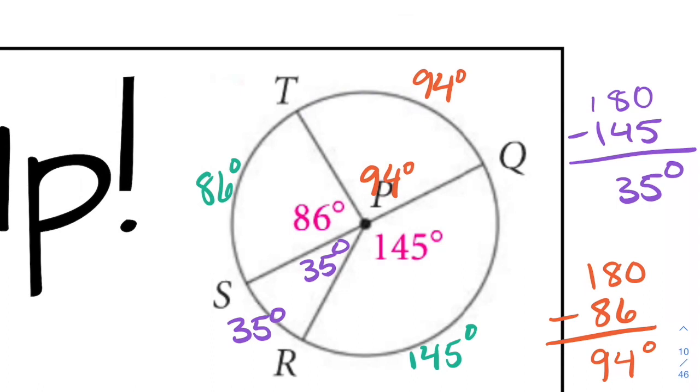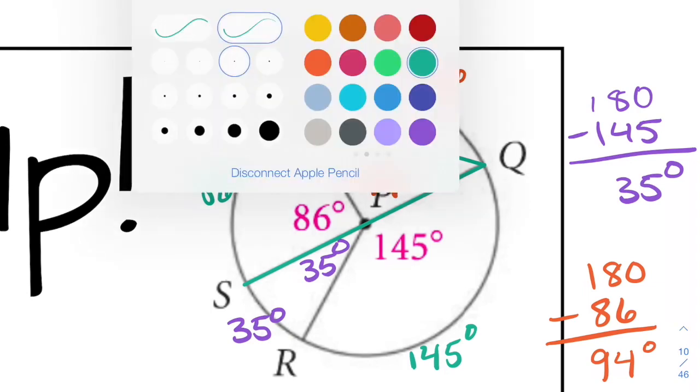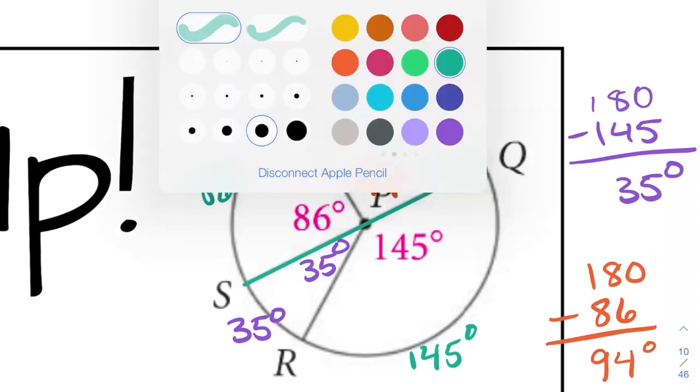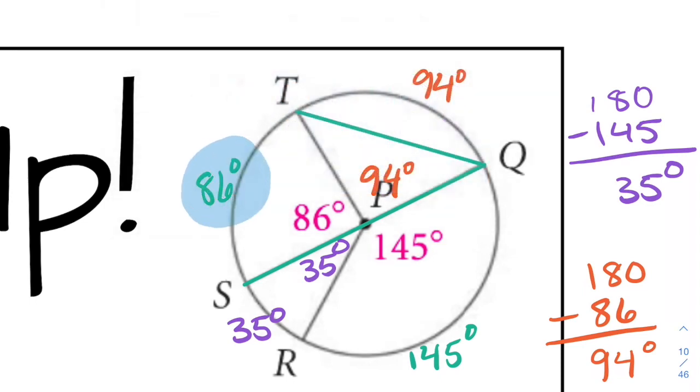So for TS, if I go from T all the way over to Q, and I go from S all the way over to Q, that would be an inscribed angle TQS. TQS is actually going to be half of 86 degrees. So angle Q will be 46. And that's what our lesson's about today.